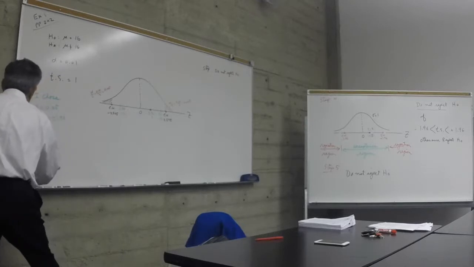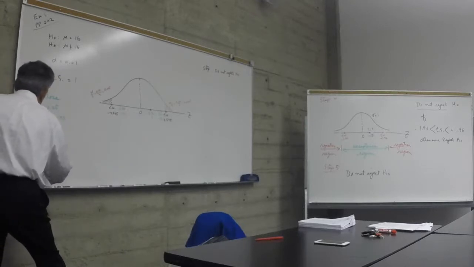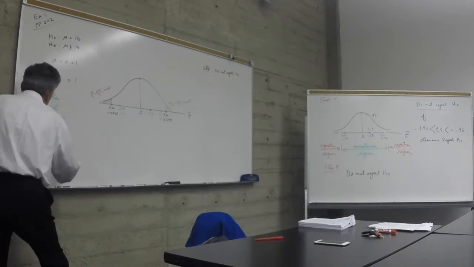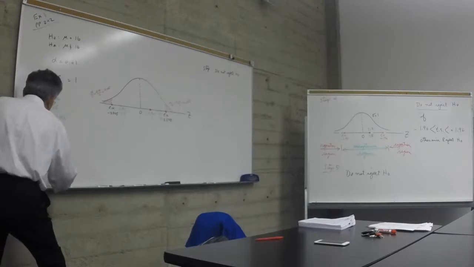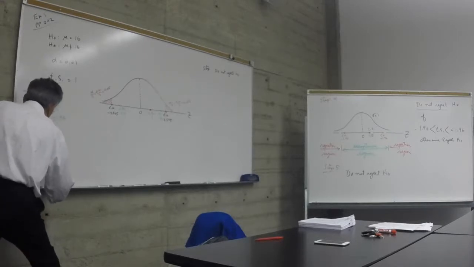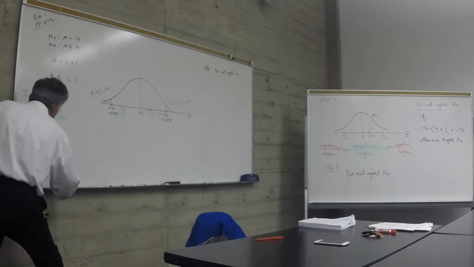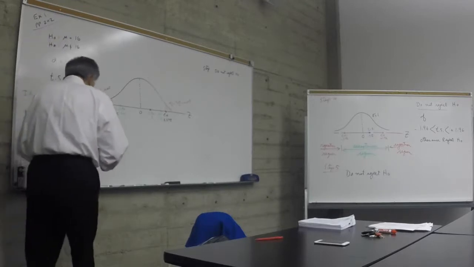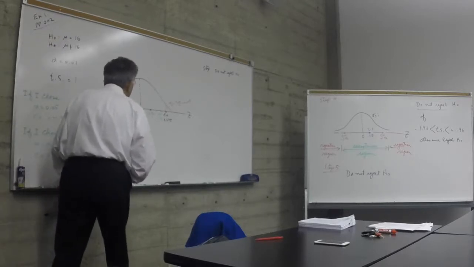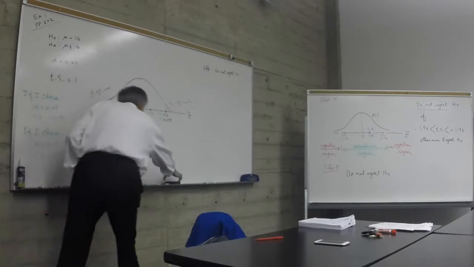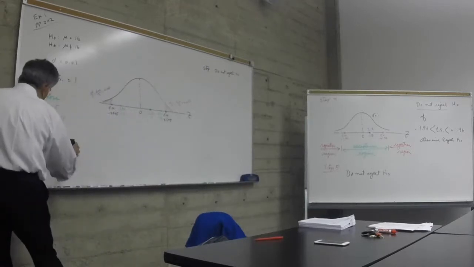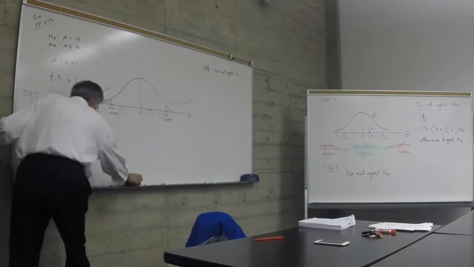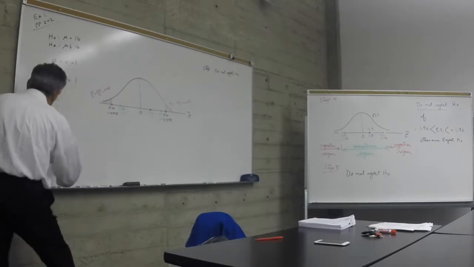If I had chosen alpha of 10%, then critical values would have been plus or minus 1.645. I want to choose a different color so that you know, so here, let's use red. I don't have red there.